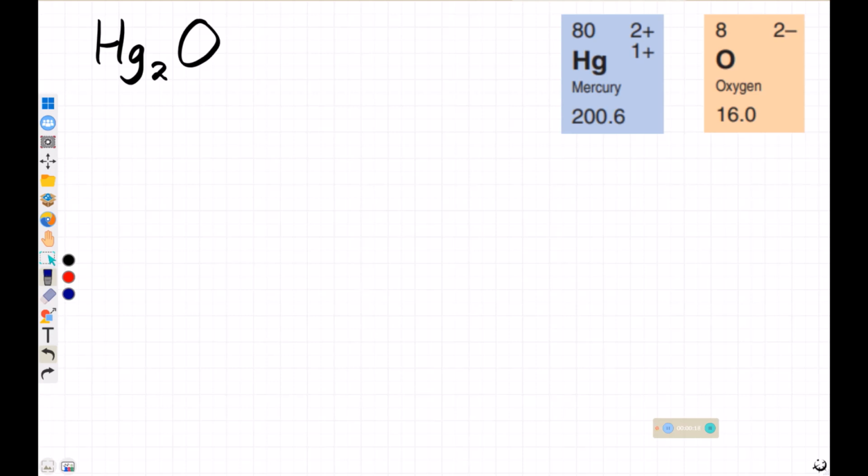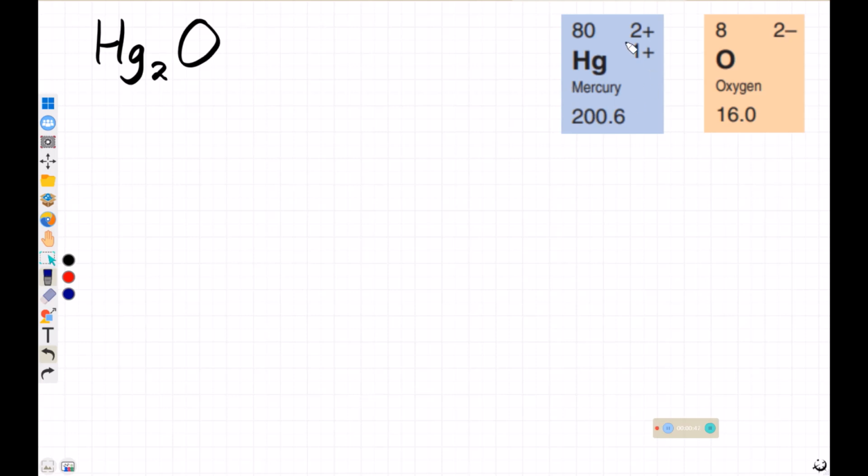Just for convenience sake, I pulled the entries for mercury and oxygen off of the periodic table for this question. Following the same rules that we did before, we can write down part of the name for this compound.